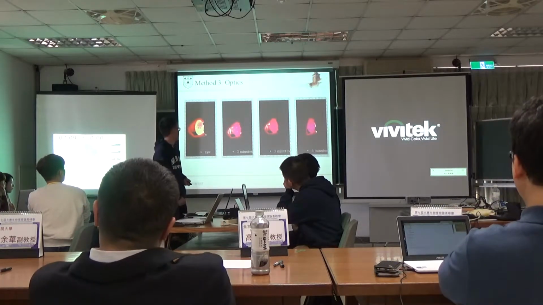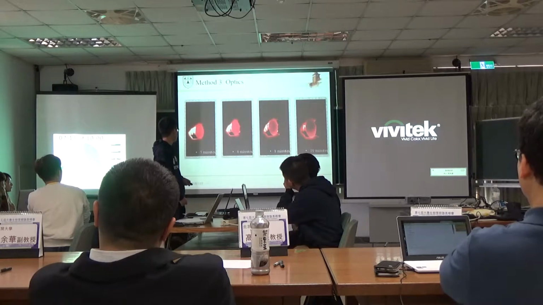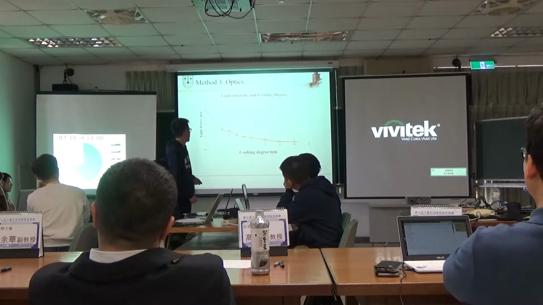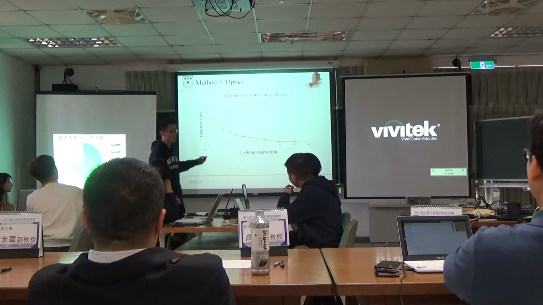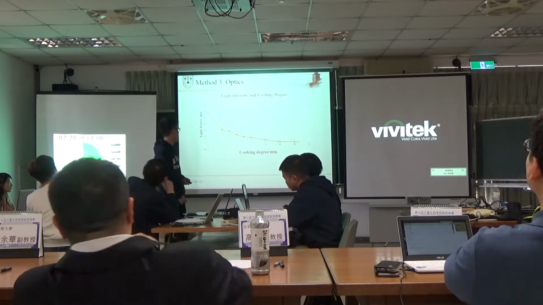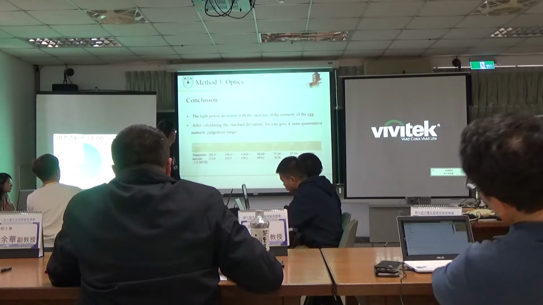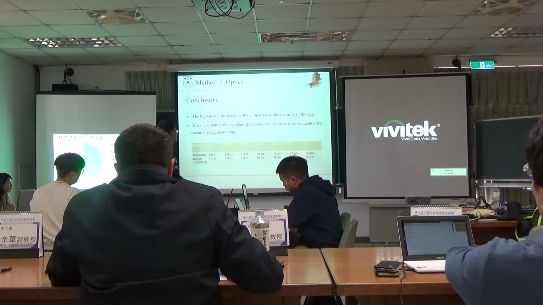This is our phenomenon: there are huge differences. This is our experiment data, and we can see it is almost exponential. So here is the conclusion. Light power decreases with the increase of maturity of the egg.